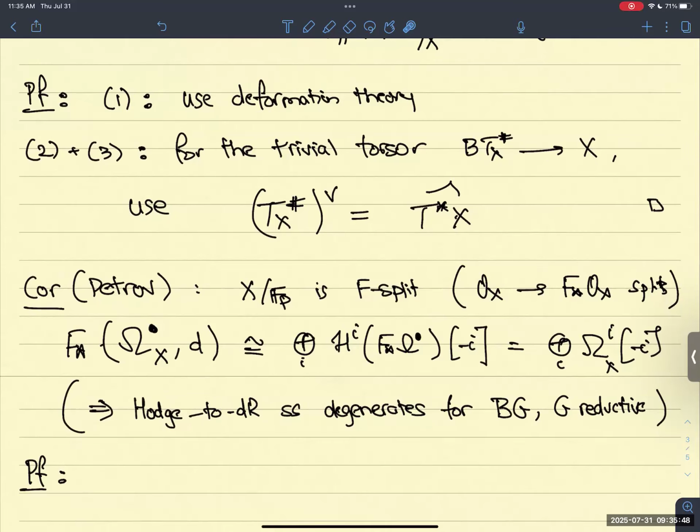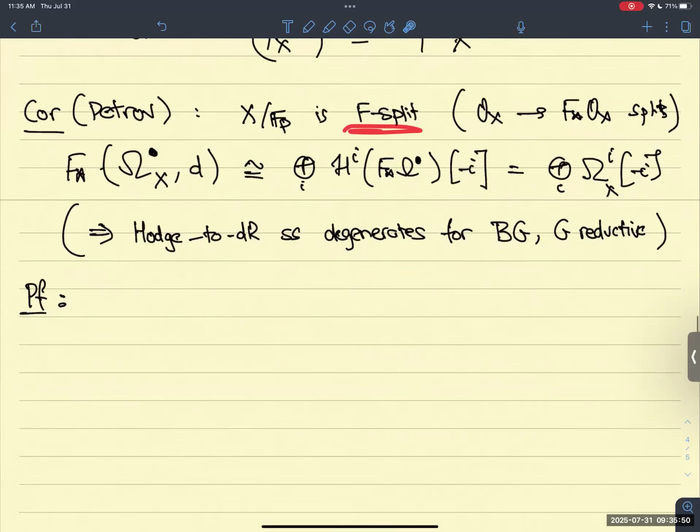Now, the torsor is not split, but that also doesn't use the F-splitness hypothesis yet. And so what you observe is that for any x, this torsor pi x Hodge stack to x splits after Frobenius pullback to x.